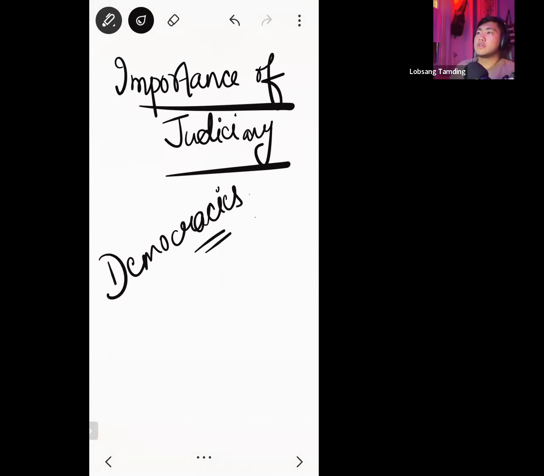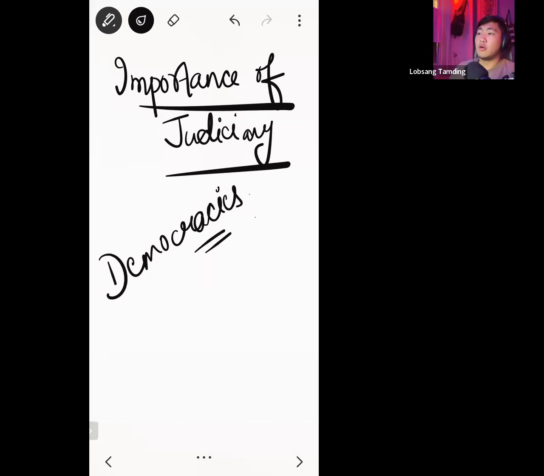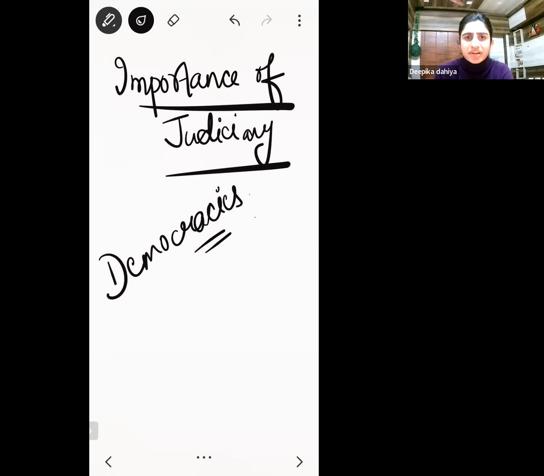In a monarchy there's one ruler who has the power to do anything, and generally the judiciaries are not independent. But democracy, by its very definition, is rule of the people.